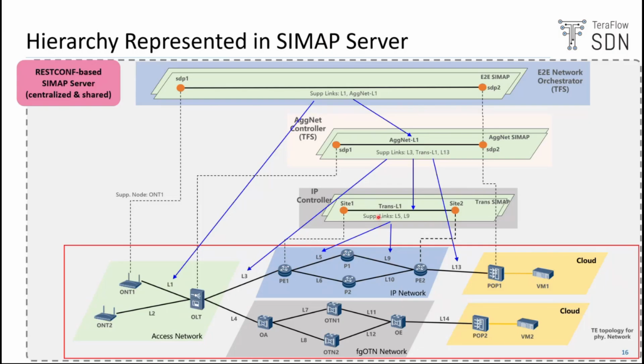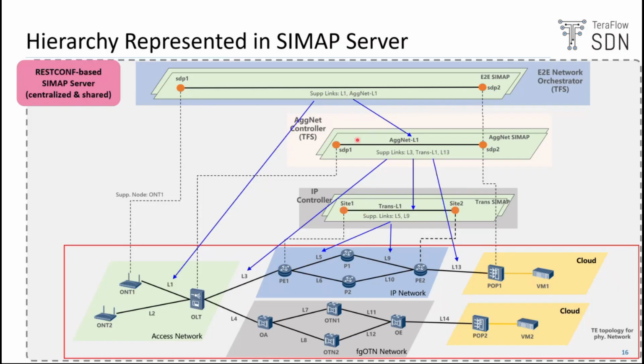The latency is the sum of the latency of the two links, but the utilization is the maximum of the two. So if this link has 75% utilization and this has 95, the utilization of this virtual link is 95, the maximum. And then we have this virtual link in SIMAP.